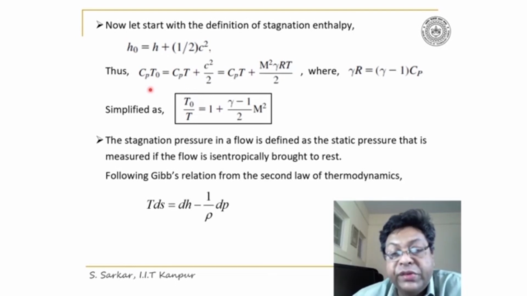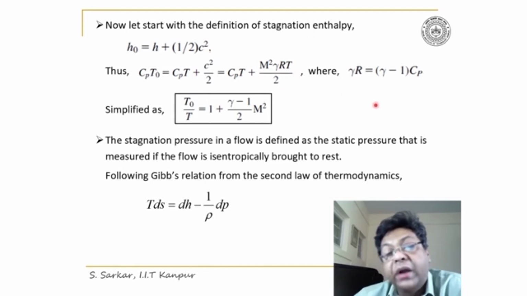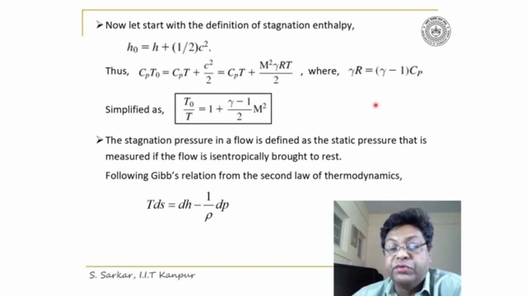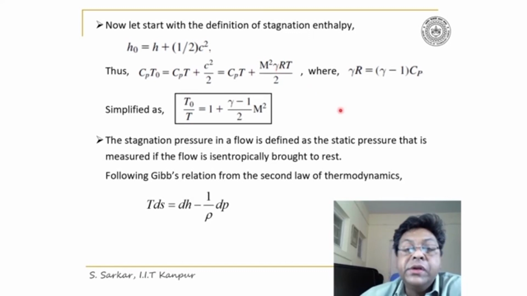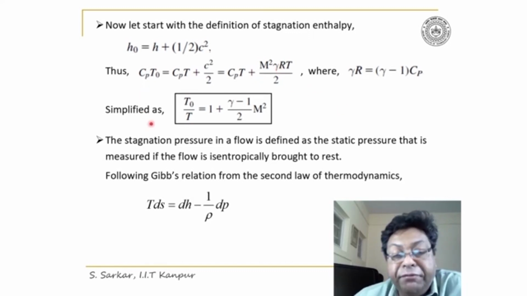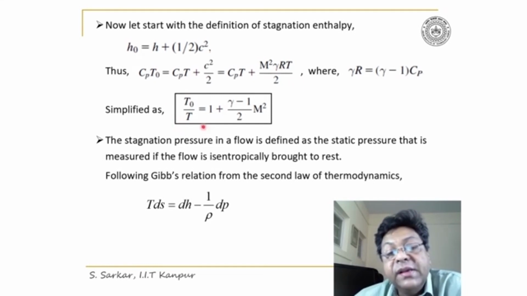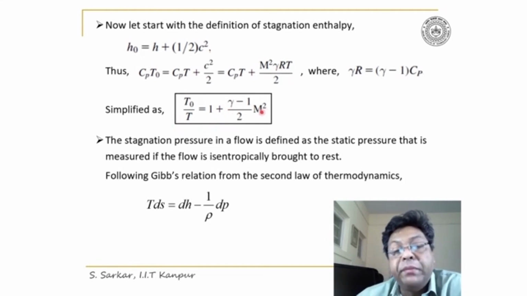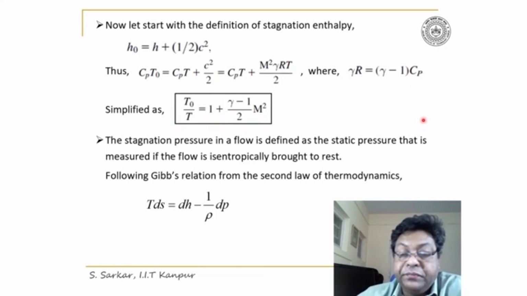And if I now use the definition of Mach number, this simplifies to Cp T plus M squared gamma R T by 2. Now using the perfect gas relation, gamma R can be written as (gamma minus 1) Cp. Thus, substituting and simplifying, I get T0 by T is equal to 1 plus (gamma minus 1) by 2 M squared.